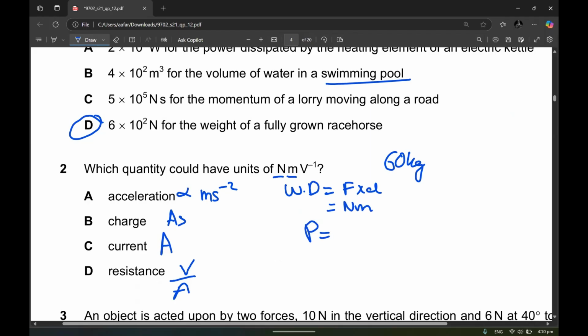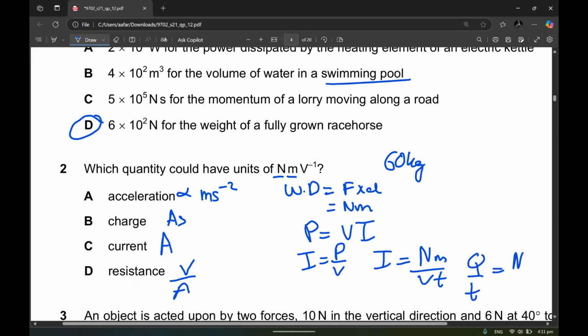And we know that P is equal to VI, so I is equal to P over V. P is Newton meter per time, so I is Newton meter per voltage per time. And we know that I is equal to Q over T, so Q over T is equal to Newton meter per voltage T. T cancels out. So charge is basically the answer.